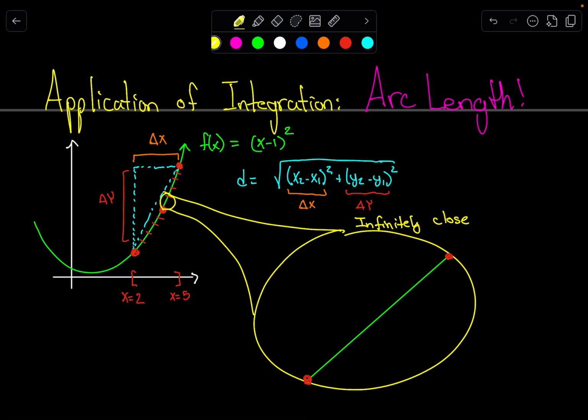And we can do the same thing where we can now use, again, the distance formula or the Pythagorean theorem, but now our change in y is no longer really big. It's really tiny. We could call this side our delta y, but it's not delta anymore. It's infinitely small, so we call it dy.